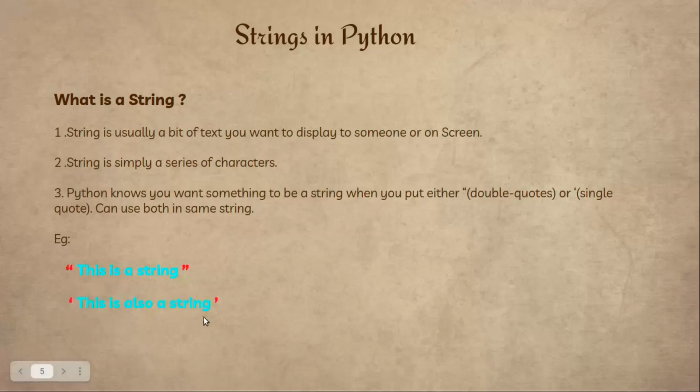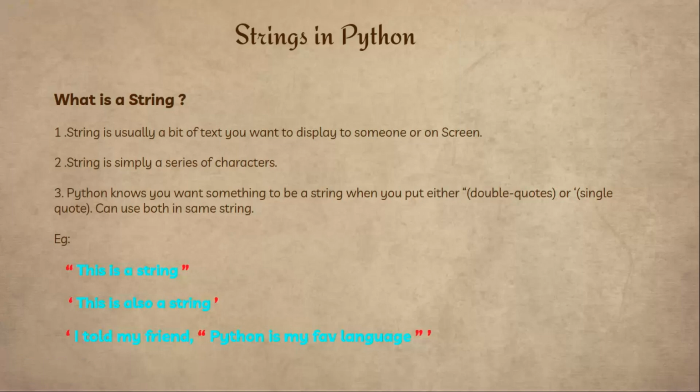Similarly, single quotes around this text again show it's a string. And as I've told you, Python allows a mixture of single quotes and double quotes. You can see here a double quote is within a single quote, so this is acceptable in Python. So text within double quotes or single quotes acts as a string, and it shows an output.